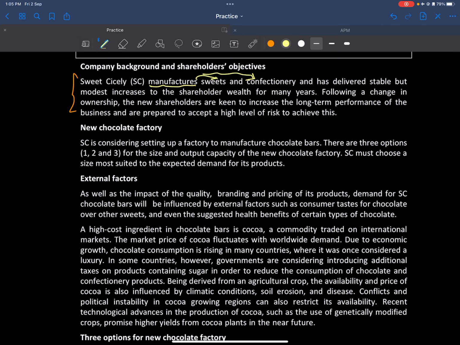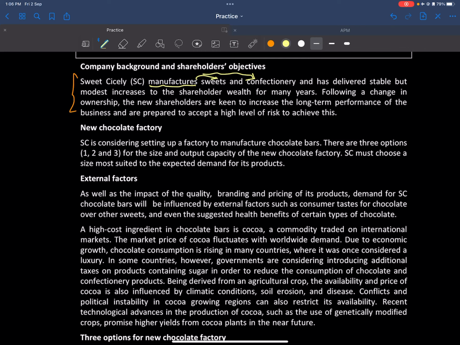So sweets and confectionery, it's kind of an FMCG kind of company. Can't say FMCG, I guess it's not that, but whatever it is, sweets' lifespan may be shorter. I don't think for confectionery there will be that much of a short lifespan, but still it depends on the product, depends on the sweet, right?